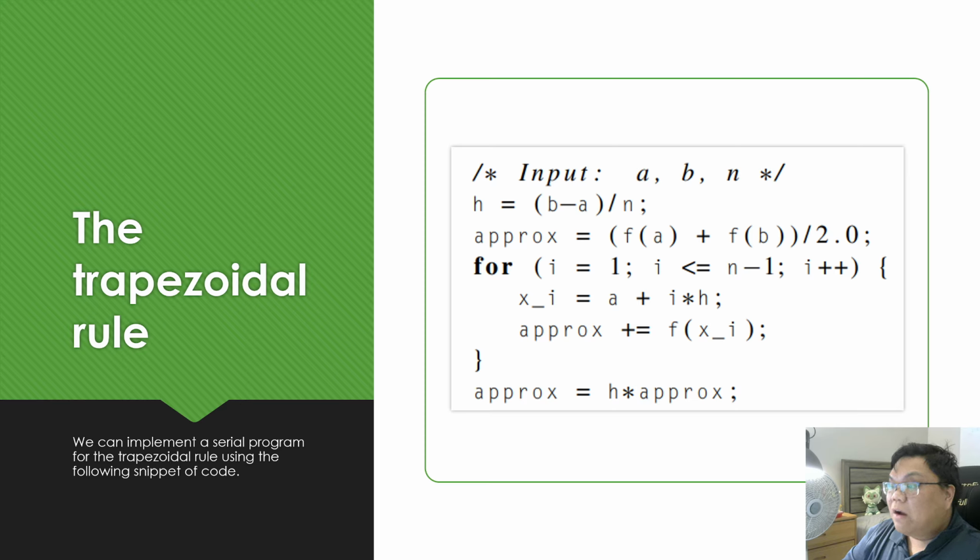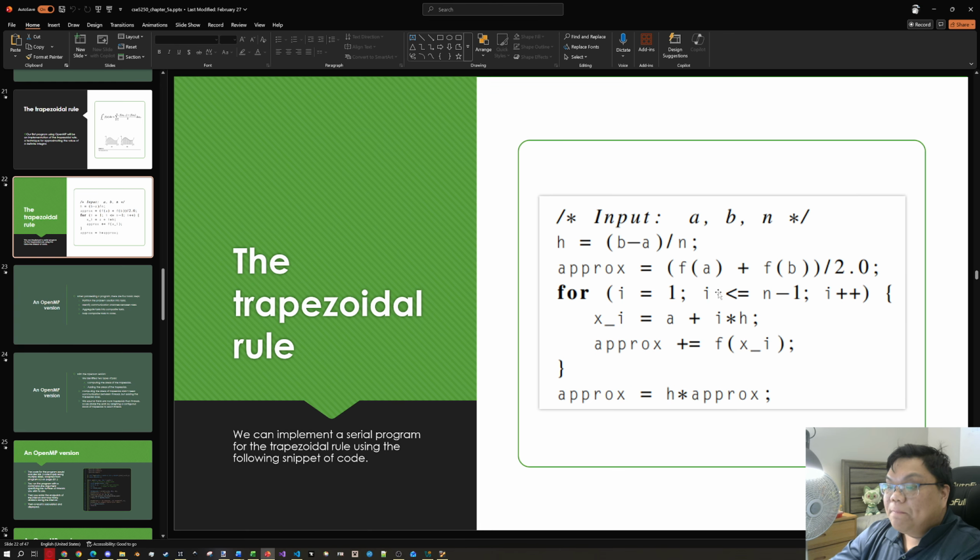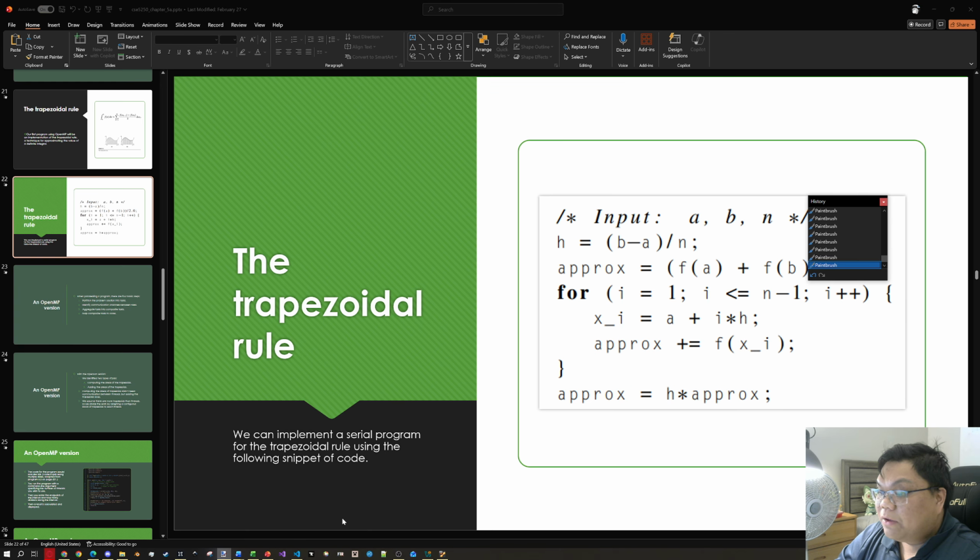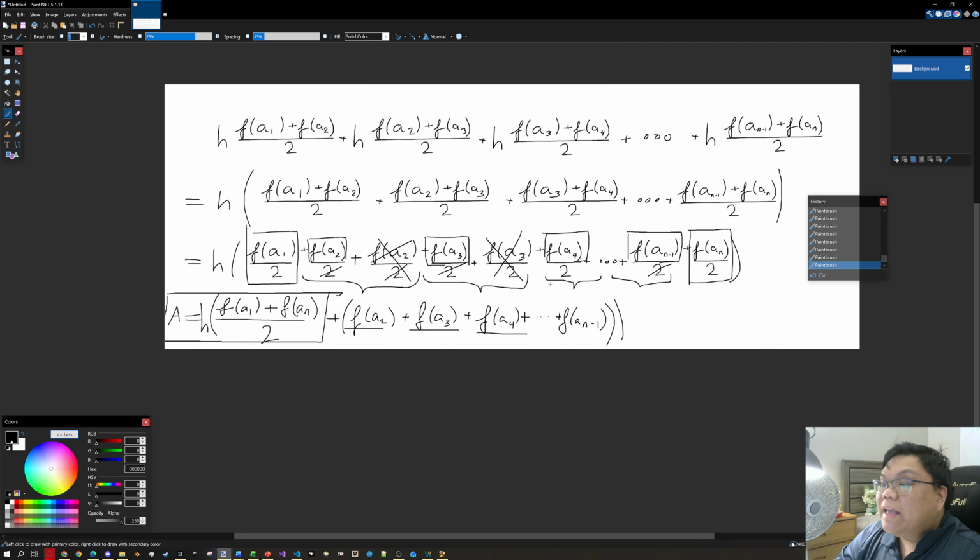How many h's are we from the start? Well, that's going to be however much i is. We pass that into our function, so it's going to be f of xi. We add that to approx, and that's the for loop portion of our code. Finally, we take our approximated area and multiply it by h, because per the calculations, you have to multiply everything by h. So that's what's going on.